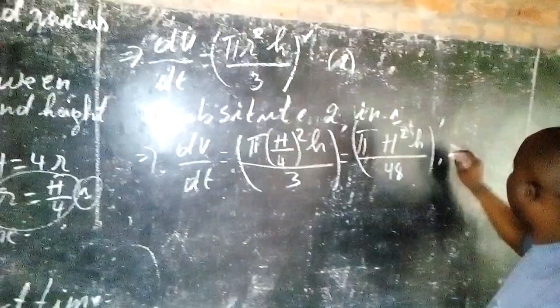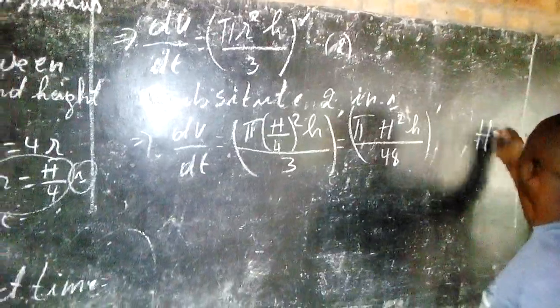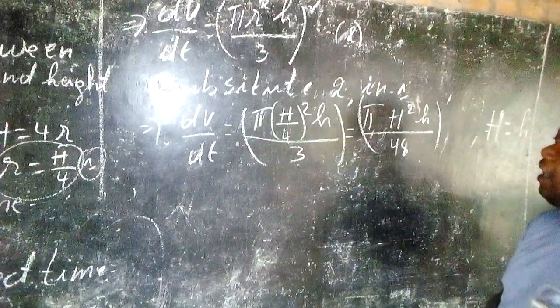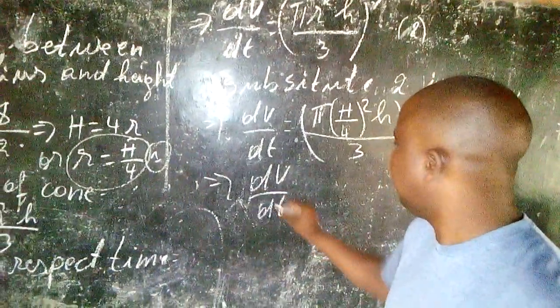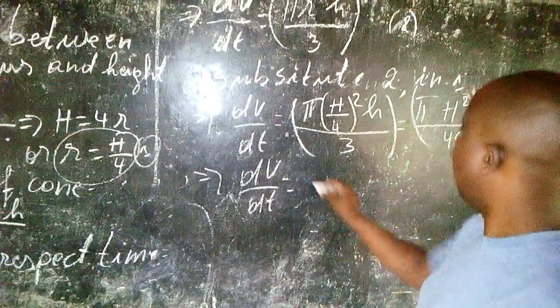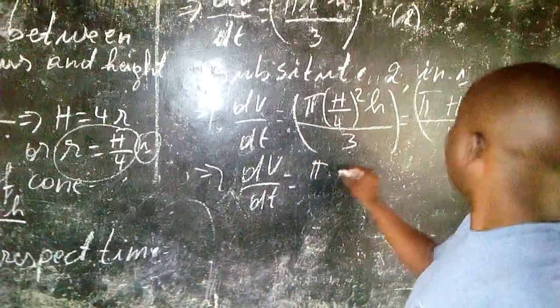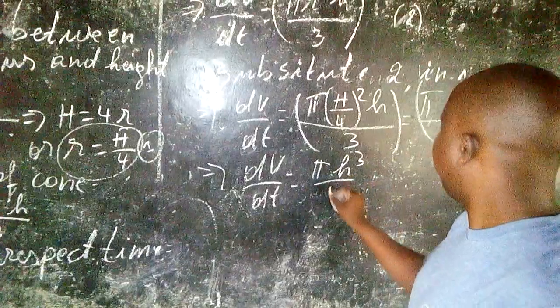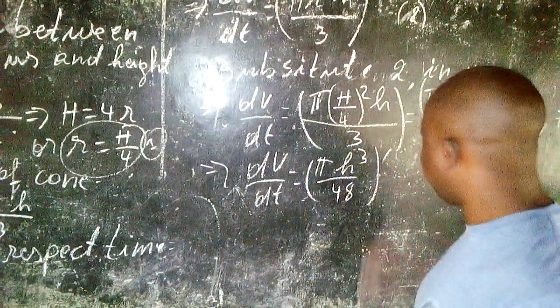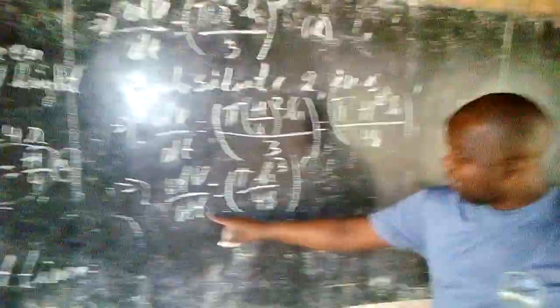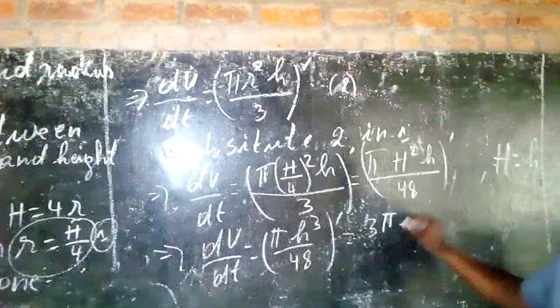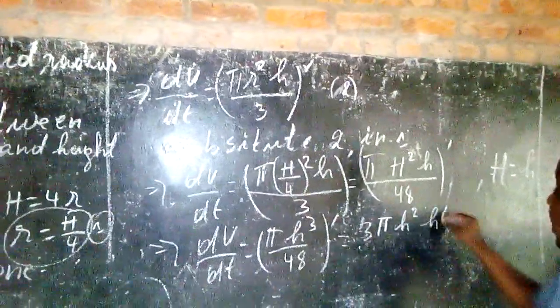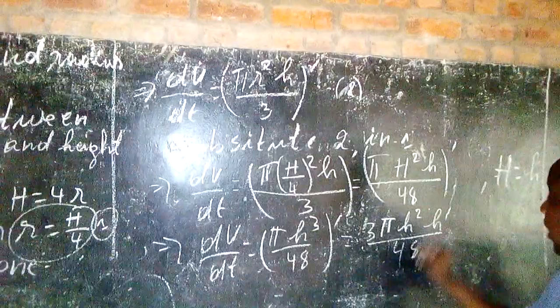In this case, capital H will be equal to small h, which means V will be equal to pi h cube over 48. Then we take the derivative with respect to time, which means here we have 3 pi h square times the derivative of h over 48.